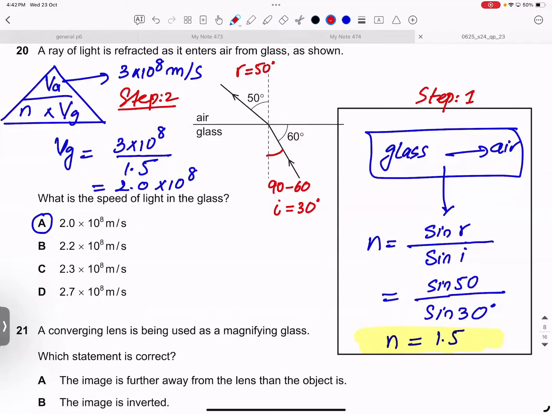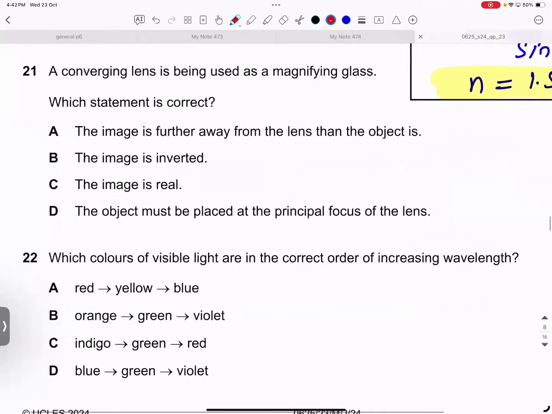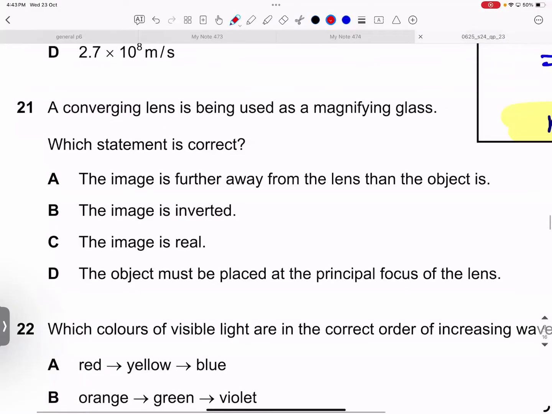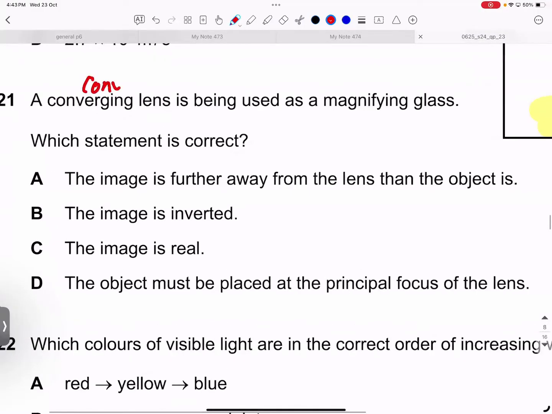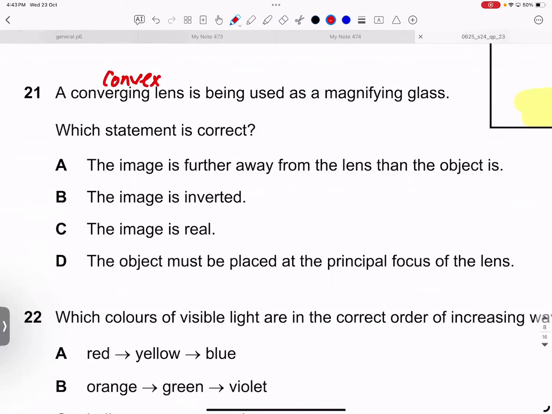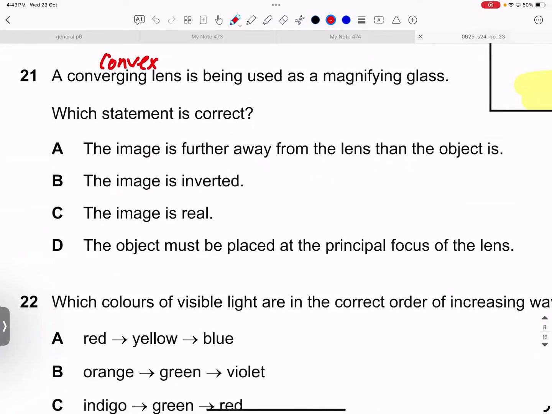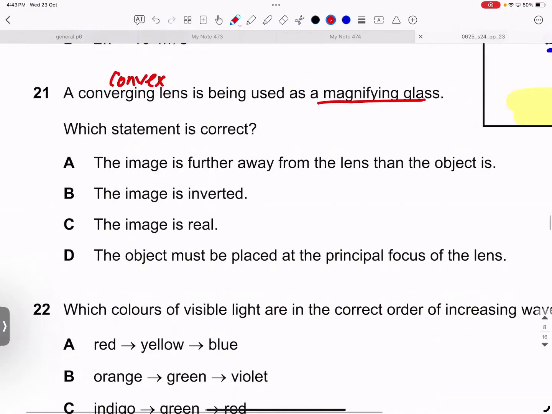Question number 21. A converging lens, which is actually the convex lens, is used as a magnifying glass. Magnifying glass, you know many pieces of information. Two of them I can tell you. It's a virtual image, and it is an upright image.